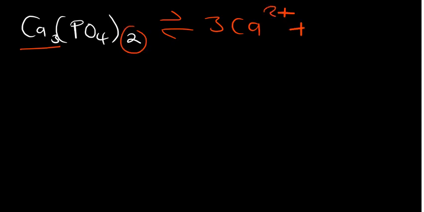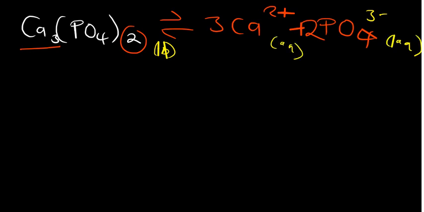Then phosphate ions, there are 2 as well, with of course a power of 3 minus. Any challenges with splitting? I'm sure there are no challenges. You just need to look at what you have. Moreover, it doesn't even matter the charge, but it's important that you understand how the charges come about.